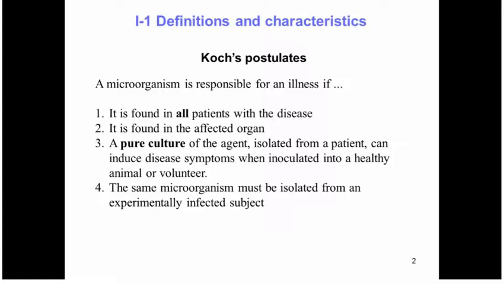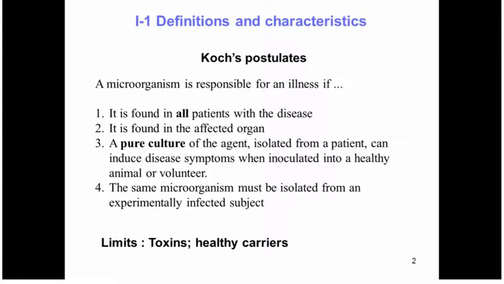However, so this is the perfect case. If you can prove 1, 2, 3, 4, you've done it. But in a number of different cases, it's not actually possible to go through all of these steps. So if you have healthy carriers, you might not have a perfect correlation between the presence of the bacterium and the presence of pathology, because some people who carry the bacterium won't be sick.